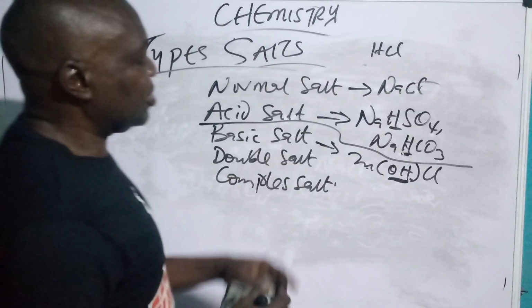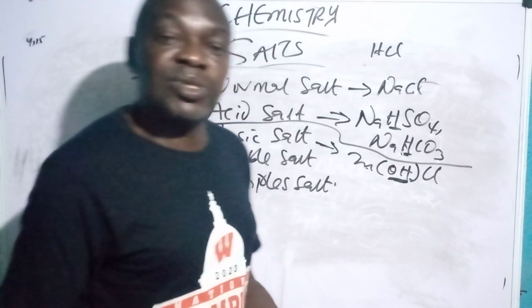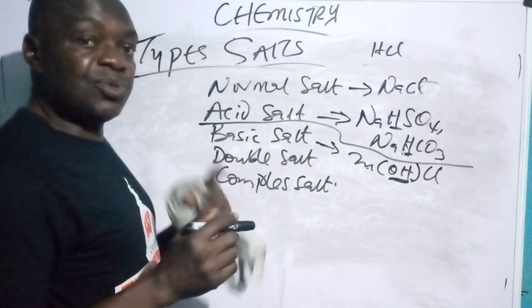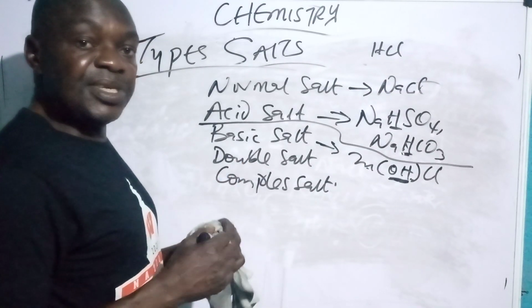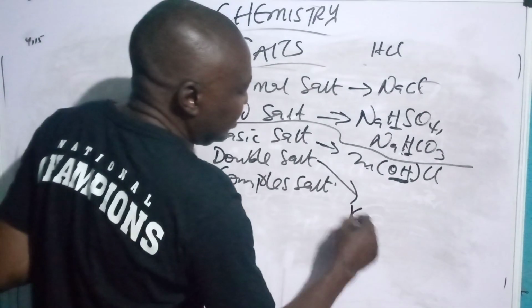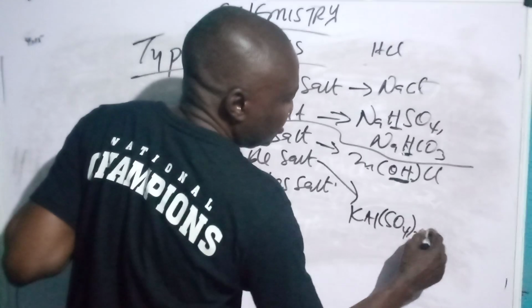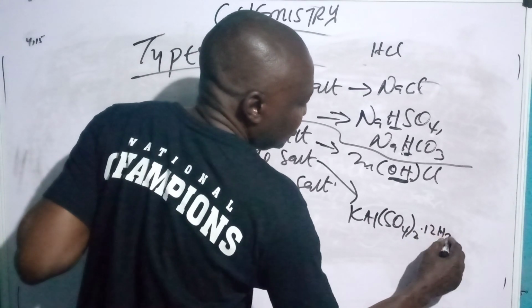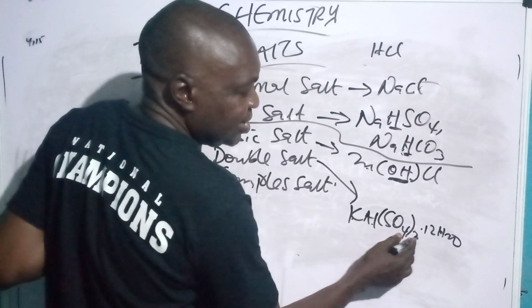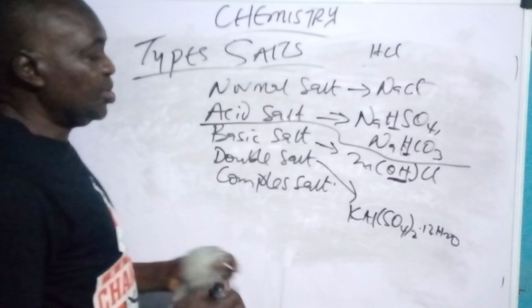Then you have double salt. A double salt is a compound formed that, when the salt dissolves in water, contains 3 major ions, 2 of which are positive and 1 is negative. For example, you can have KAl(SO4)2.12H2O, potassium aluminium tetraoxosulfate(VI) dodecahydrate. Dodecahydrate means 12, do means 2.